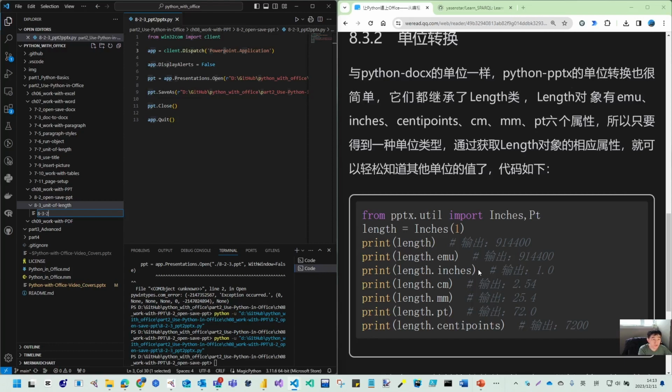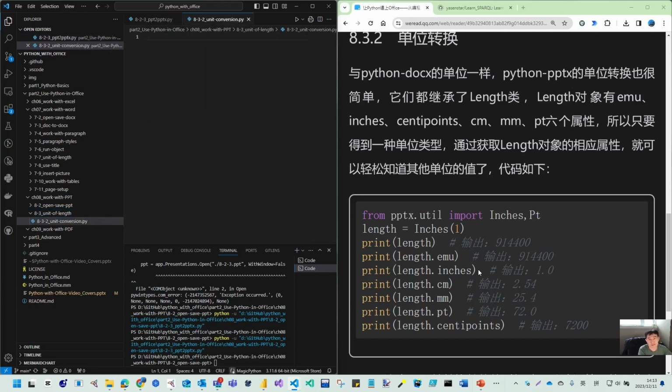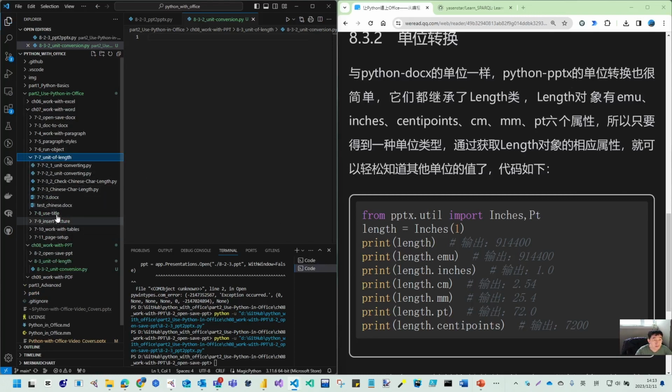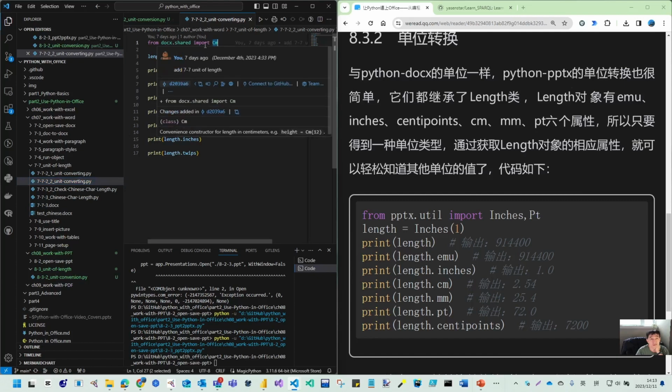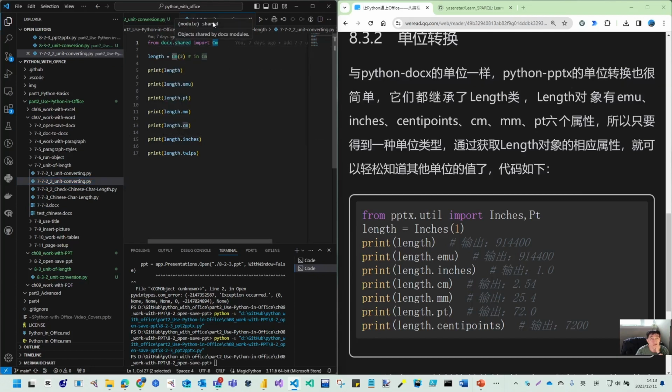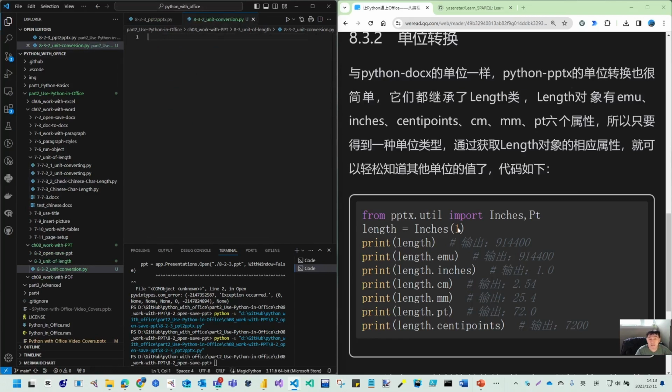So let's see 8.3.1 or 2, unit conversion, or you can see the converting. That's no big difference. If you remember, on the unit part, let's open some code. You can see here, in this docx library, those units of length are in the docx.shared sublibrary, but in PPTX it's in PPTX.util.